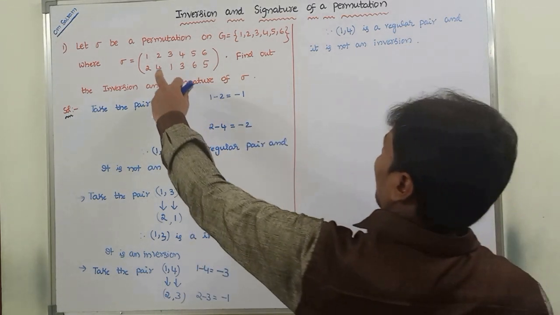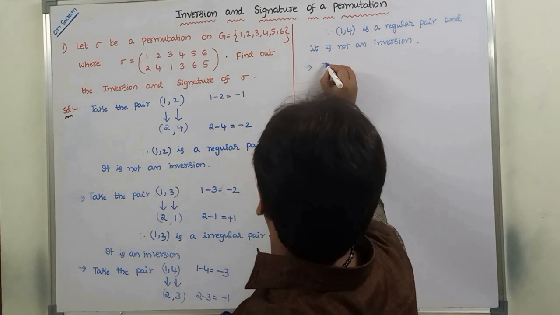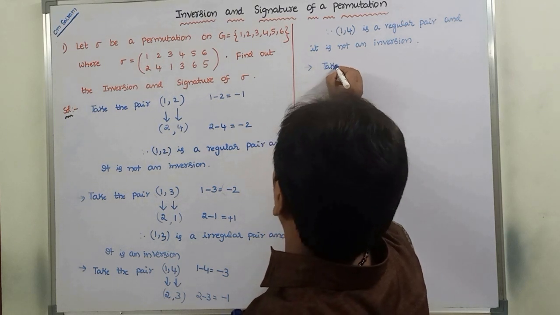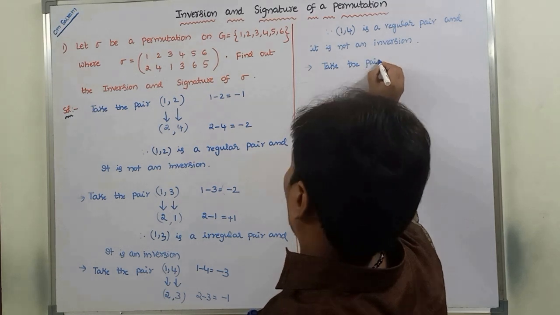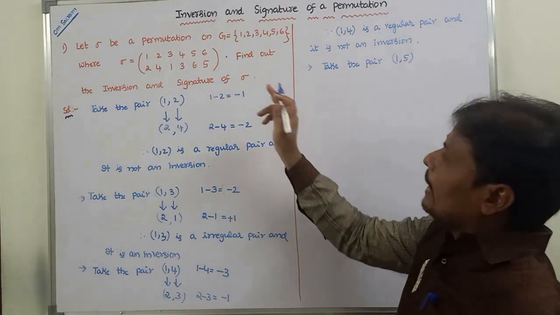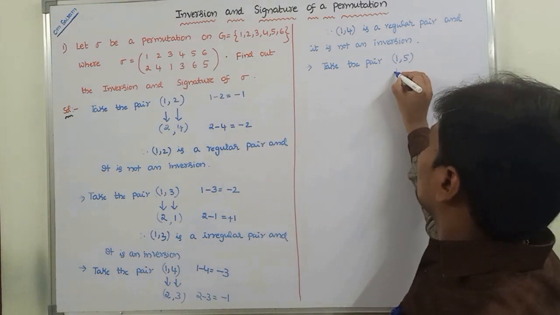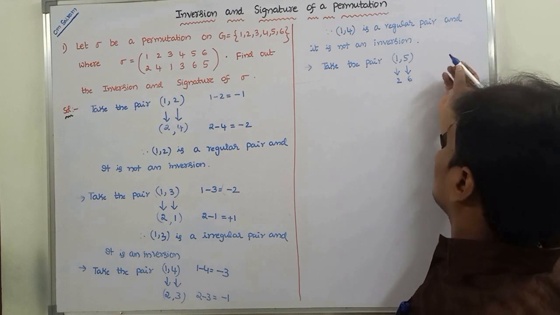Next, I am taking the pair 1,5. Here 1's image is 2, 5's image is 6.